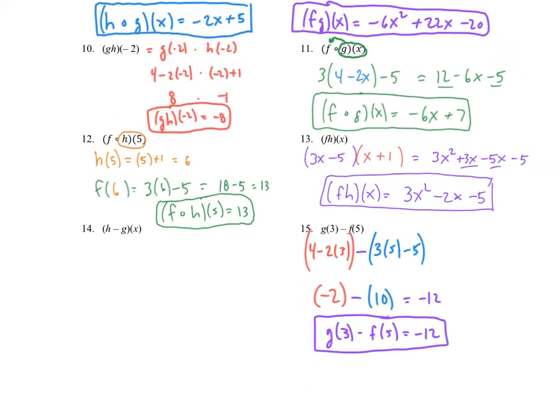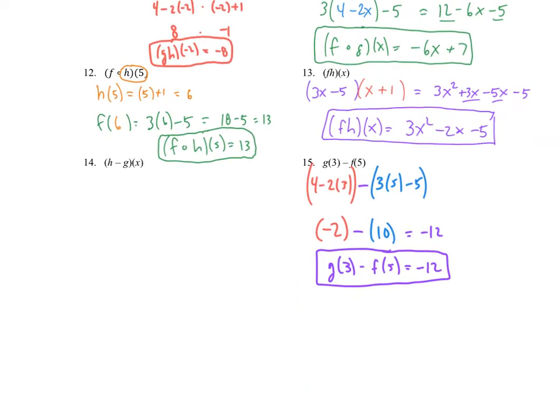Alright, last one of these. H minus g. So I'm going to take the function h, which was x plus 1, and I'm going to subtract function g, which was 4 minus 2x.